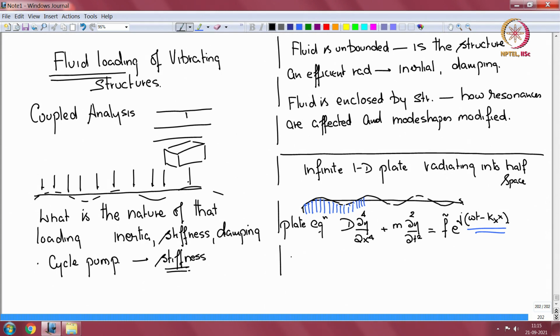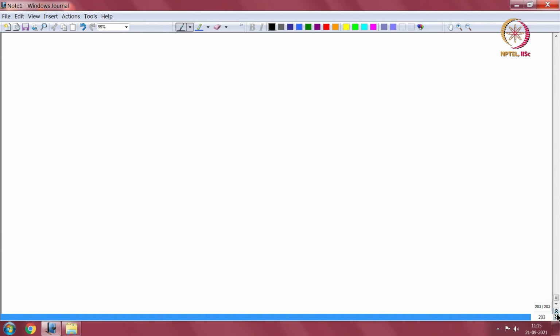So the response is given by eta(x,t) equals eta tilde e to the power j(omega t minus kx x), which results in (D kx^4 minus m omega squared) eta tilde equals f tilde.